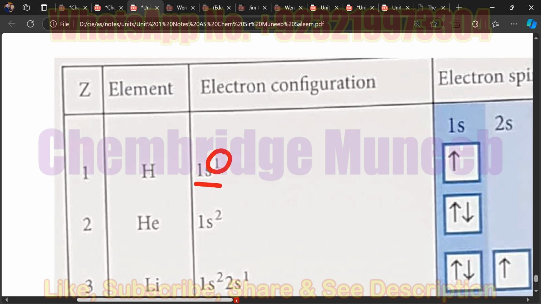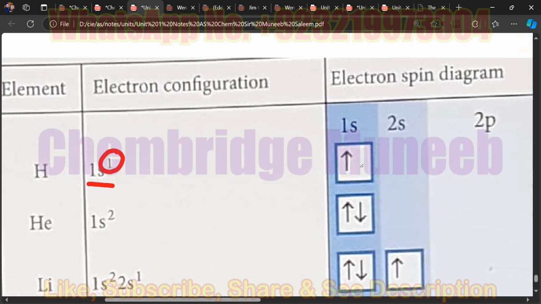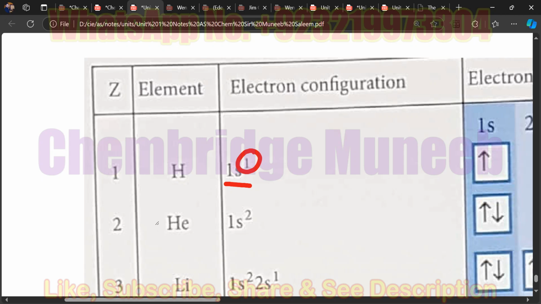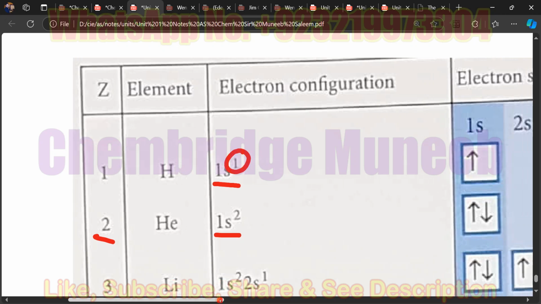So it is shown like this, and if we represent it as electrons in boxes, then one box will be represented along with one electron in that box. Now helium. Helium has atomic number 2, which means 2 electrons.